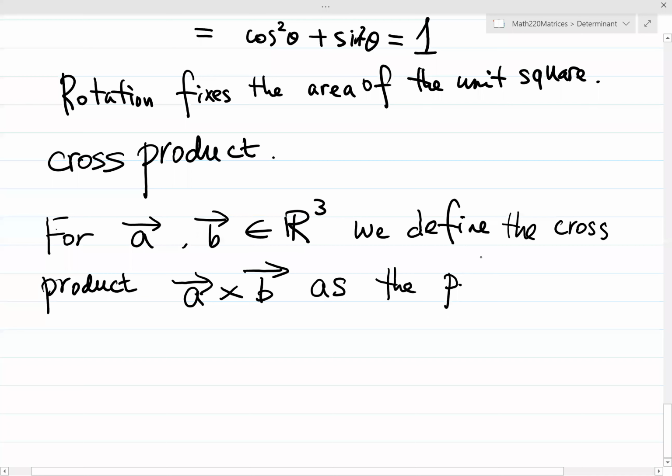To determine a vector, we need to define its direction and its magnitude.